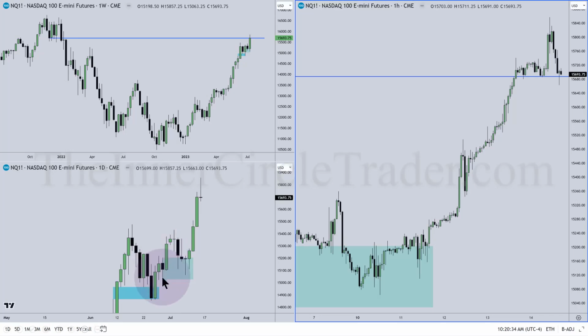Mean threshold on an order block is the 50% level. We wicked down through it, but then closed here. This one here, we wicked down through it and closed right here. We wicked down through it and closed up here. So yes, we had the movement through the mean threshold, but we didn't close below it. So that still keeps this down close candle valid as a propulsion block.